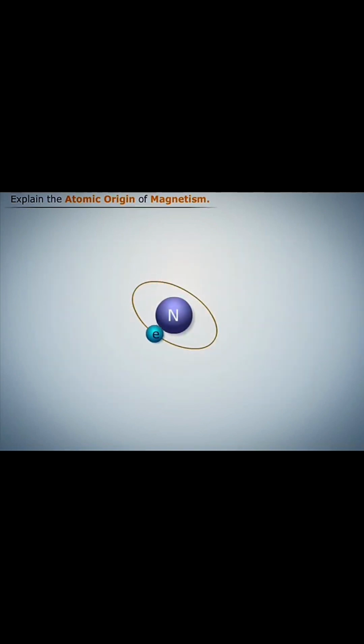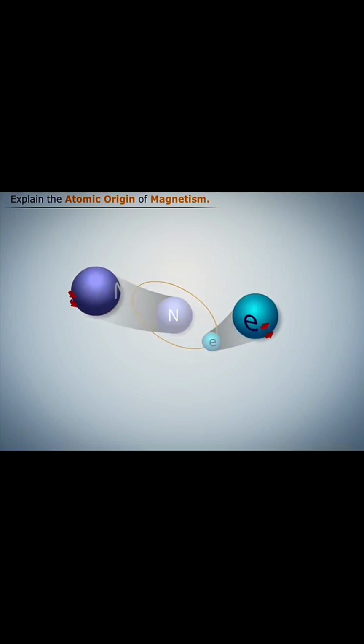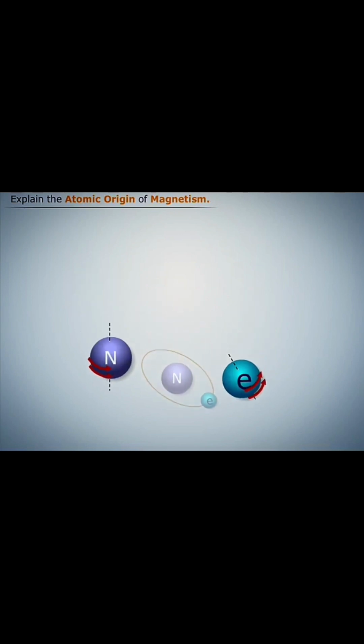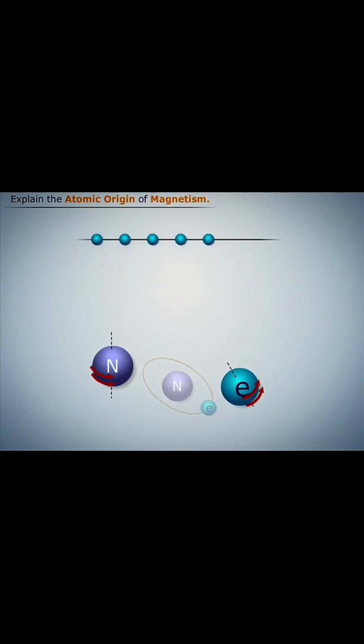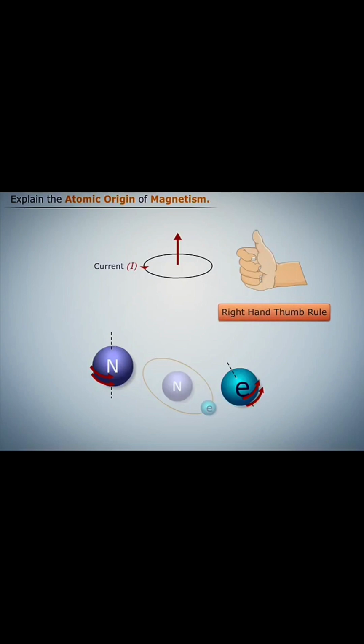We know that an atom consists of a nucleus, surrounded by electrons that revolve around it, and the electrons and nucleus also rotate about their own axis. We also know that the flow of charge indicates the flow of current. And when a current flows through a circular coil, a magnetic moment gets induced in the coil in the direction given by the right-hand thumb rule.